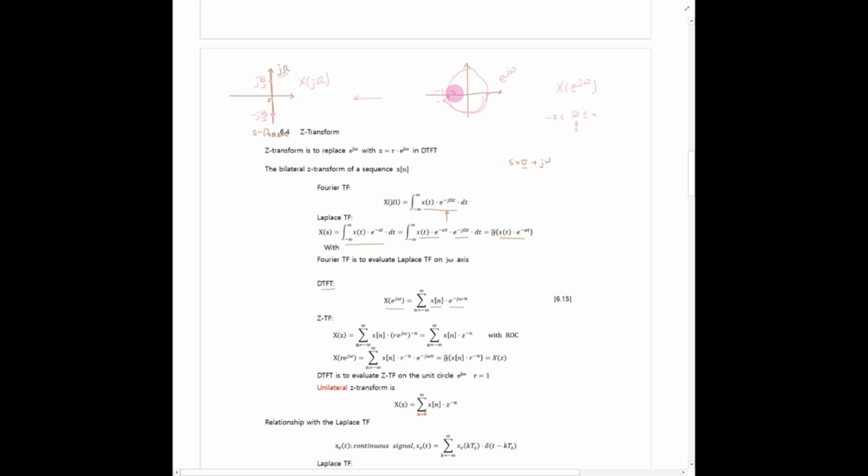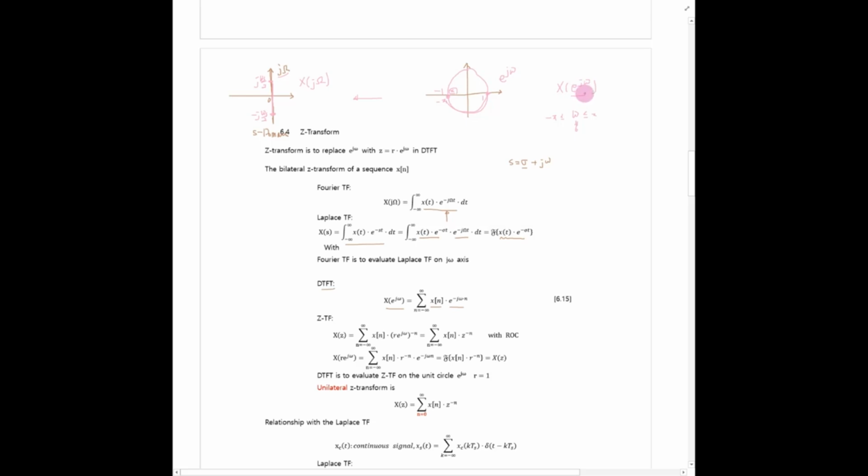That's the pi point. So minus pi to pi is minus Nyquist frequency to positive Nyquist frequency. This range is the unit circle. That's why we express it in the DTFT as a circle. Okay, this one shows the unit circle.